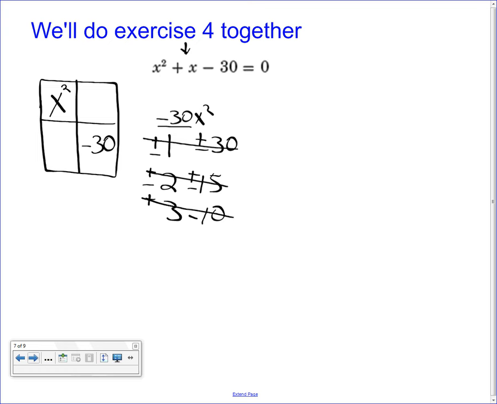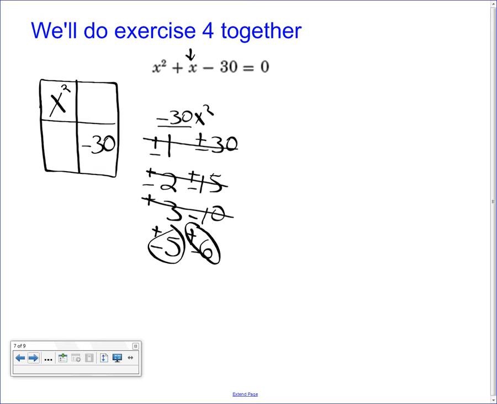Okay, a positive 5 and a negative 6. They have a difference of negative 1, and I'm looking for a positive 1. So I know it's going to be negative 5 and positive 6, because when I add those two together, I get positive 1.